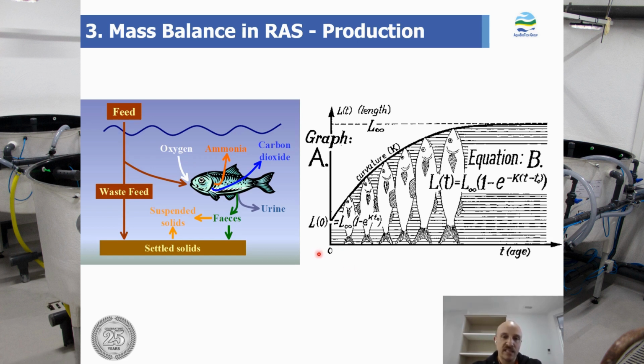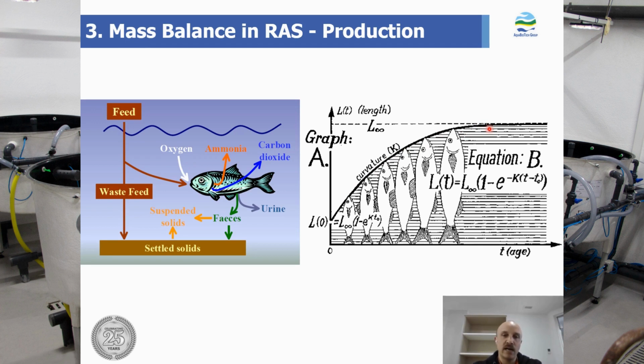This fish is growing much faster at young age, and slowly the growth rate is decreasing up to a certain point where the growth is almost null. What does it mean?